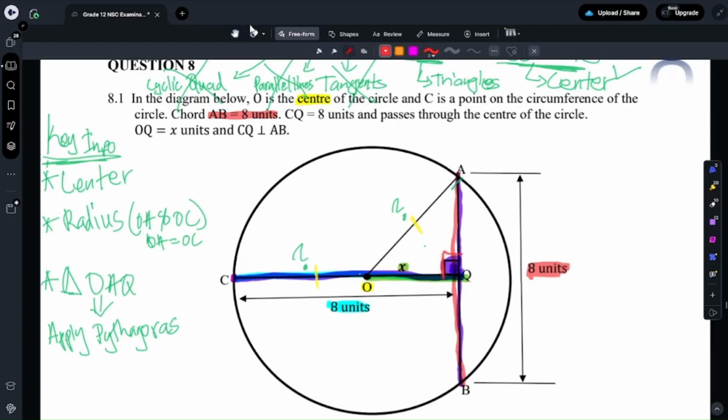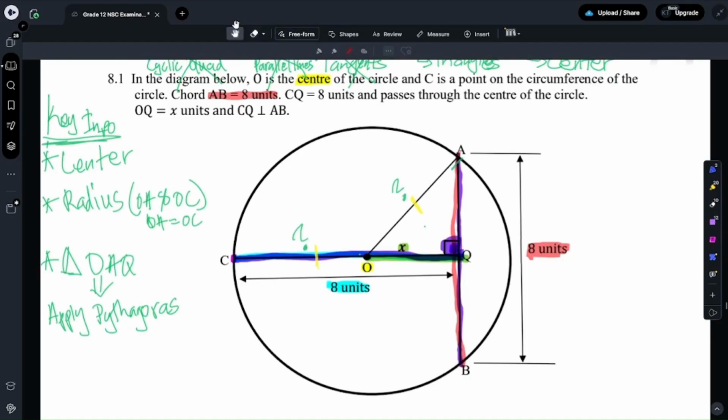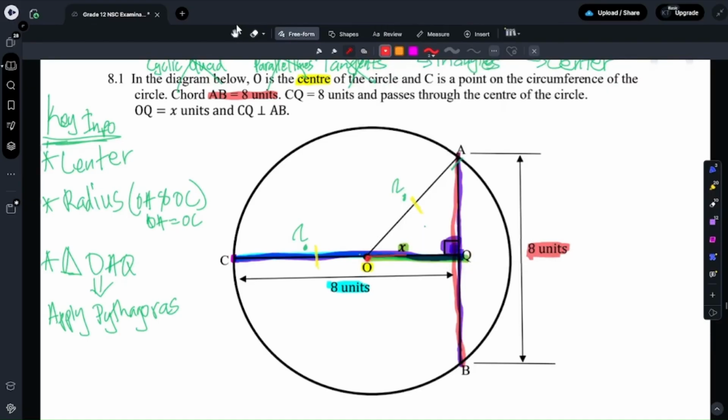So right here we've got a 90-degree angle. And also I know that CQ is perpendicular to AB, and I know the length of AB, which is 8 units. We can always apply the theorem which states that a line from the center of a circle perpendicular to the chord bisects the chord.